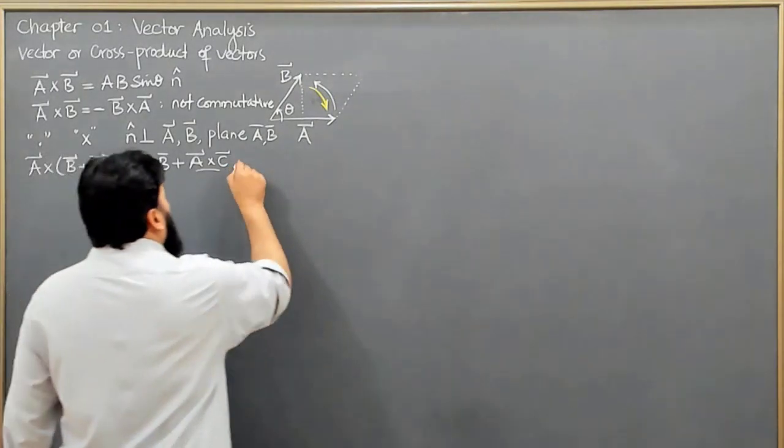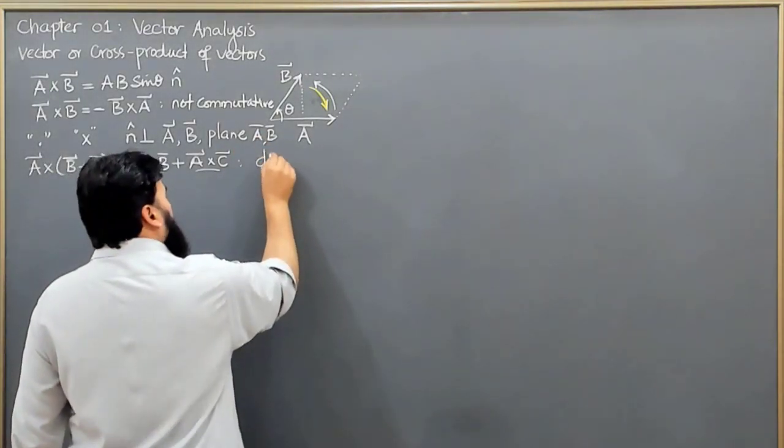So it means that the cross product is distributive.